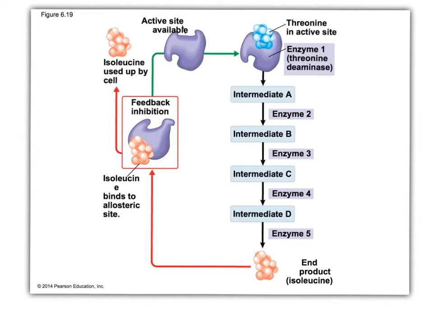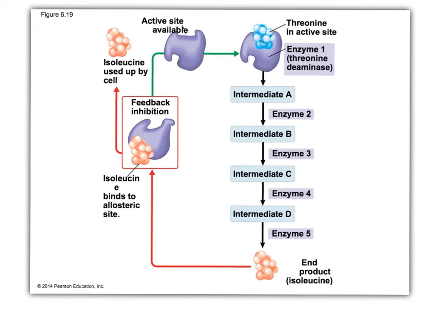What is isoleucine in this case? It is also what type of inhibitor? A non-competitive inhibitor for the threonine deaminase enzyme. So as these levels go up, more of the inhibitor is available, binds the allosteric site and prevents the enzyme from binding more threonine.